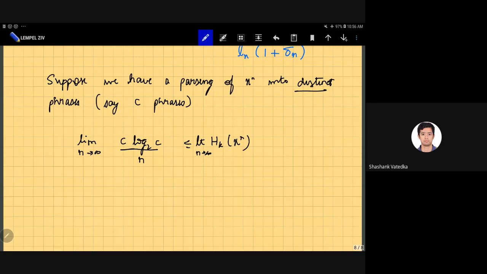Okay, so it depends. For example, this statement is valid for every k, right? Yes, sir. Valid for all k, which is a constant independent of n.